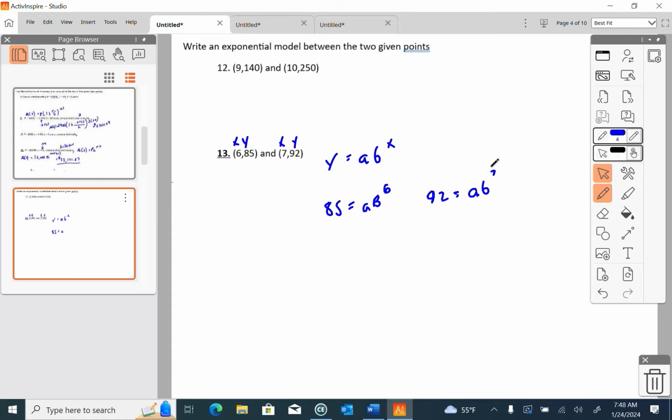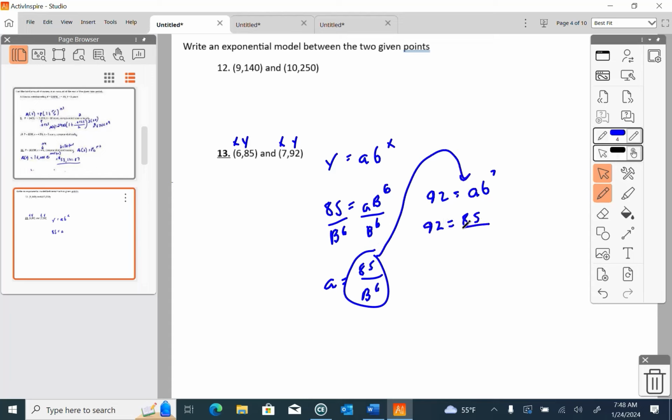This isn't going to be pretty, is it? What I'm going to do is divide both sides here by b to the sixth, because that's going to give me an a value. A is 85 over b to the sixth. Now I can put that right there. 92 equals 85 over b to the sixth times b to the seventh.